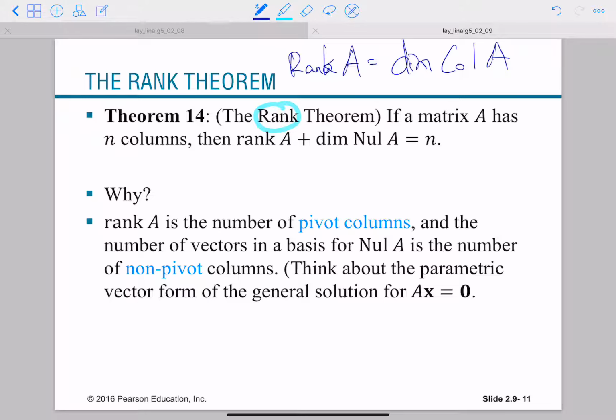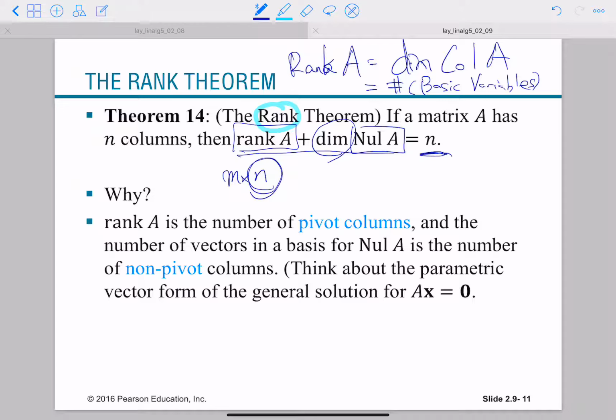Again, the definition of the term rank is the dimension of the column space of A. And this is the number of basic variables, right? That is the rank. And also the dimension of the null space of A, once we add them together, given an m by n matrix where we have n different columns in total, their sum will always be n.